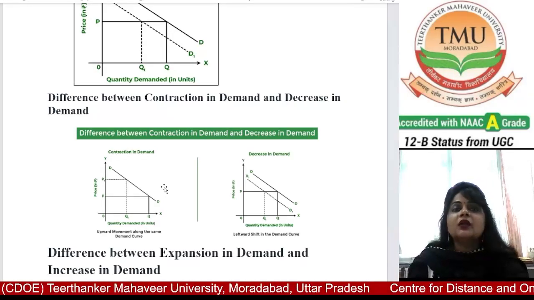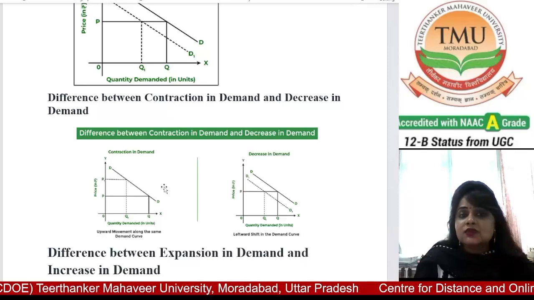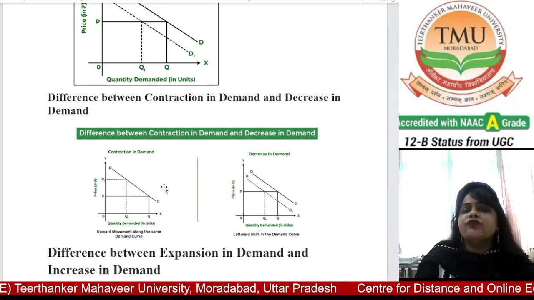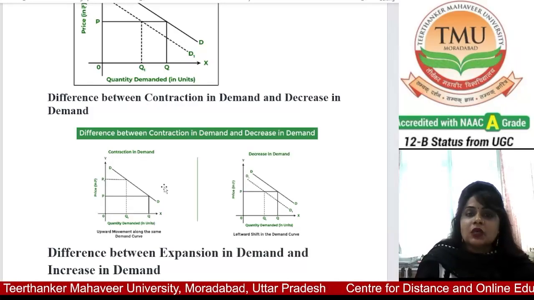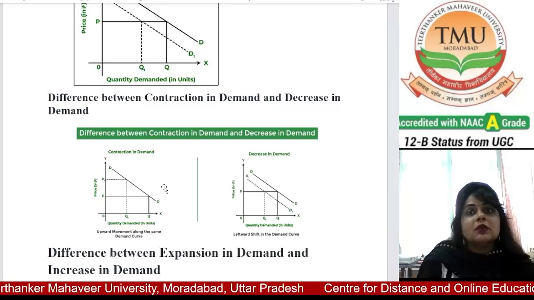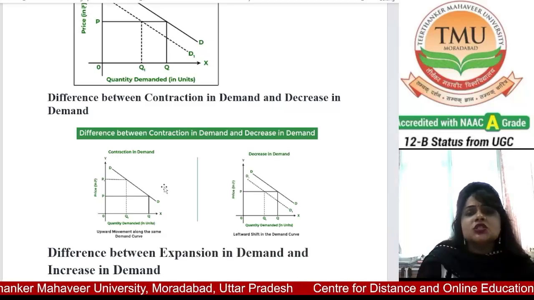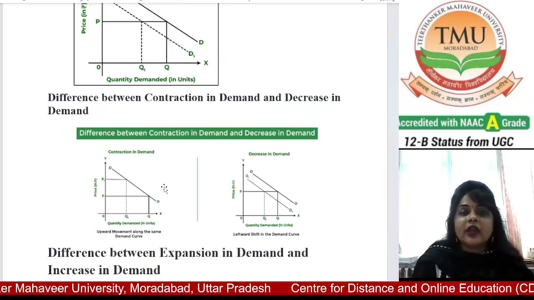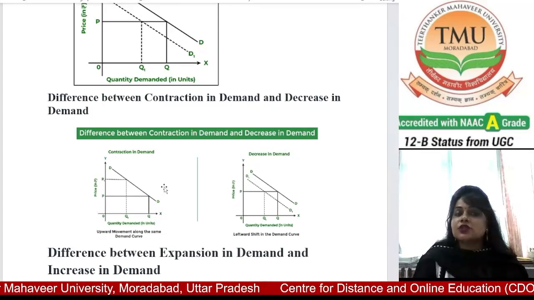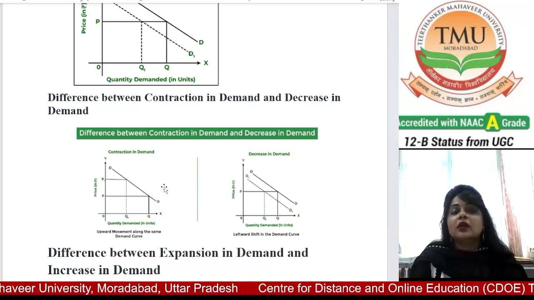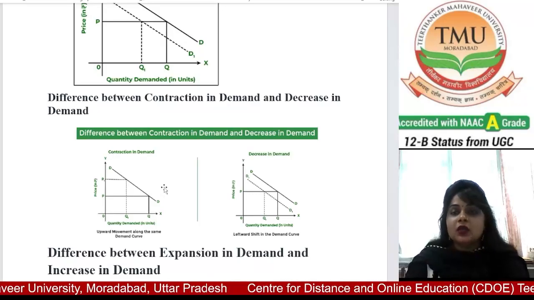If the demand for a commodity X falls from 200 units to 140 units at the same price of 15, with no change in the price, because of changes in other factors like a decrease in the price of substitute goods, then it is a case of decrease in demand.